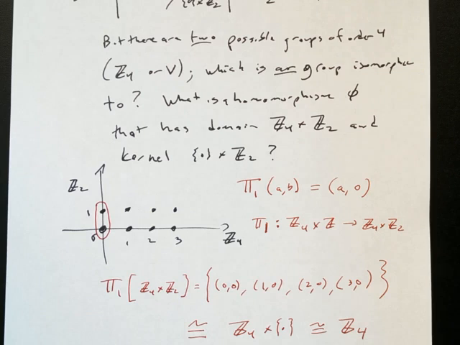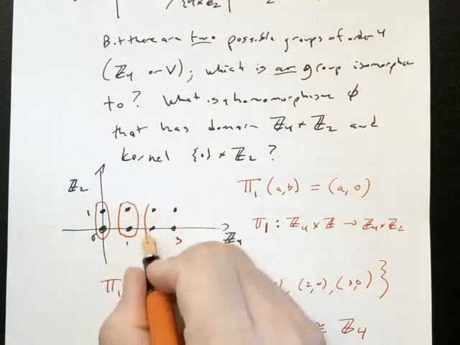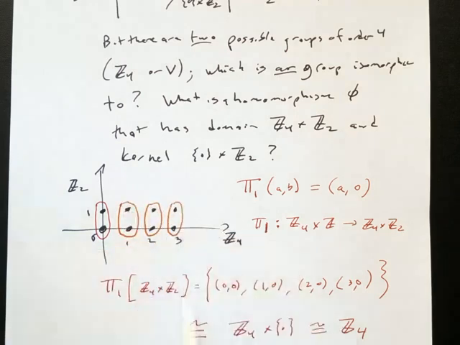Ready for the picture part of this? There should be 4 cosets in that picture. They should be correlated with our normal subgroup, shouldn't they? The coset that goes with 1, 0 is this vertical oval.